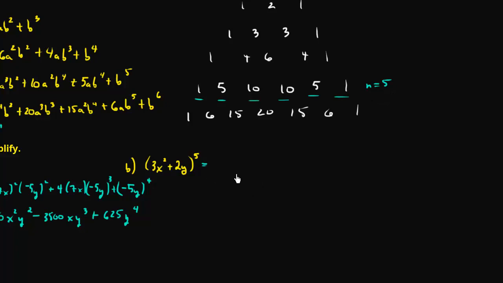So my first term is going to be 3x squared to the power of 5. My second term is going to be positive, so I'll have plus, whoops, I have to get my coefficient from Pascal's triangle. So my second coefficient is going to be 5, and then I would have times 3x squared times 2y.